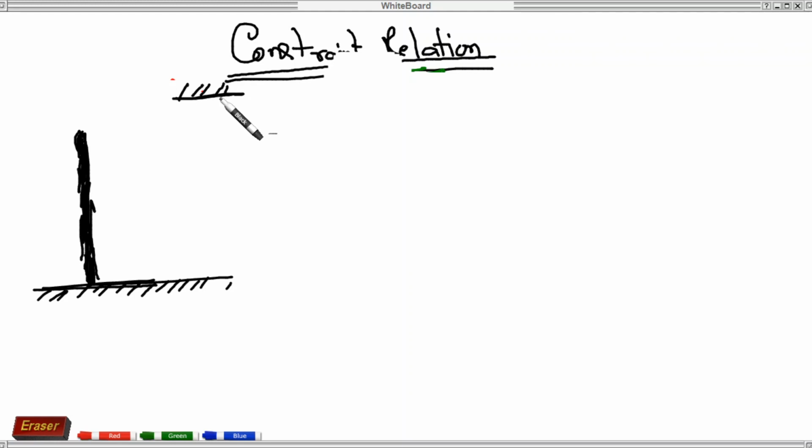Now we have a ring here initially, and here we have some mass.